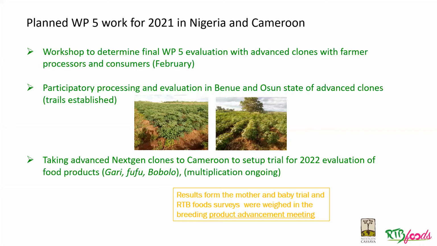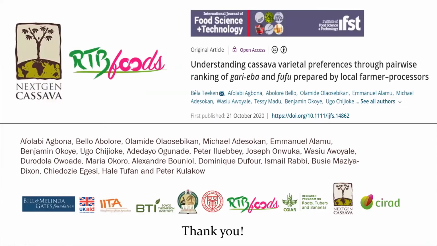And important to say is that during the product advancement meeting, the results of this study and also of the RTBfoods studies have been taken into account. So varieties that came up as good for processing, those results have been taken along, and it has resulted, for example, in the selection of two specific NextGen new clones.